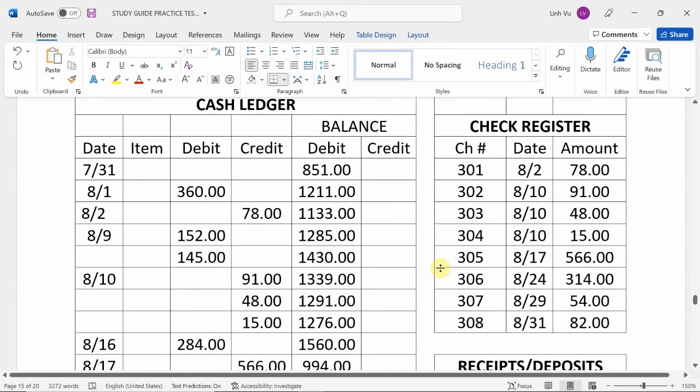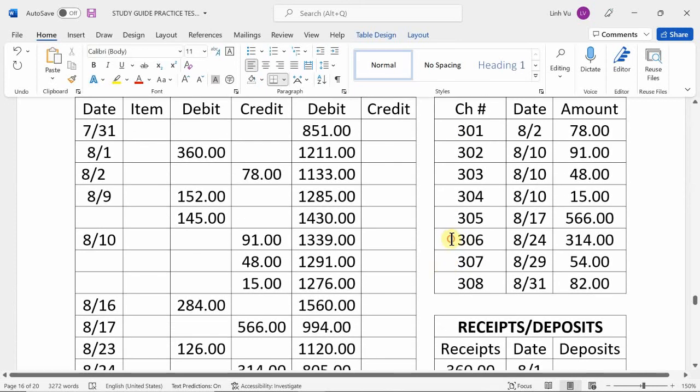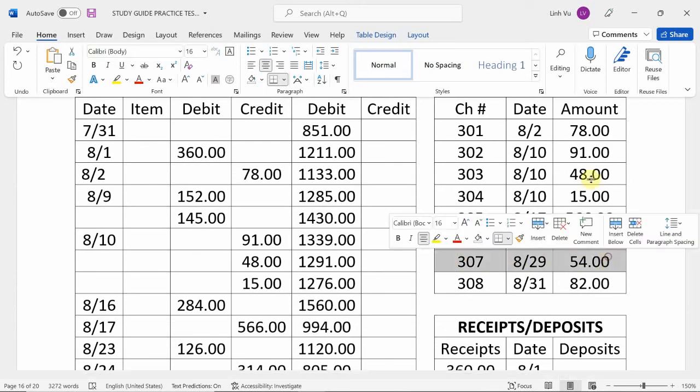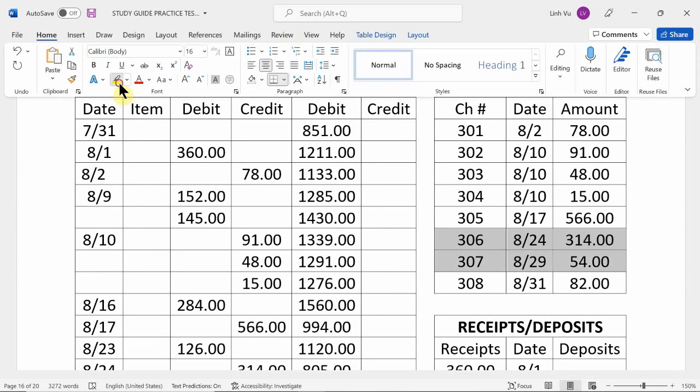So let's take a look in my register. So I'm missing 306 and 307. Okay. 306 was the total amount of 314, while 307 is an amount of 54.